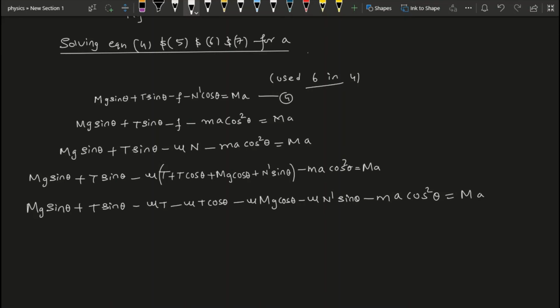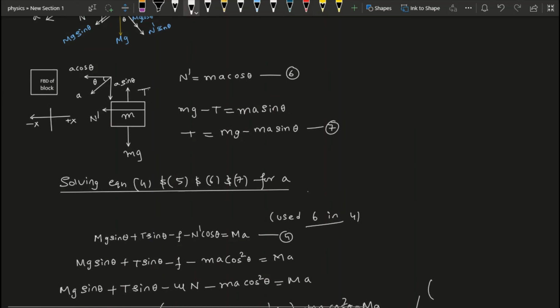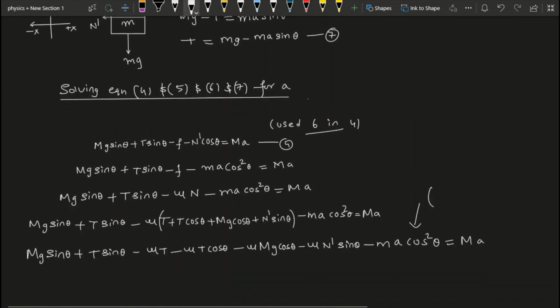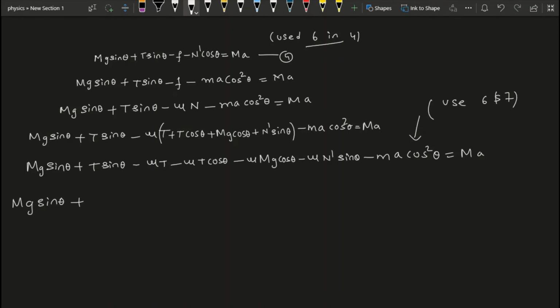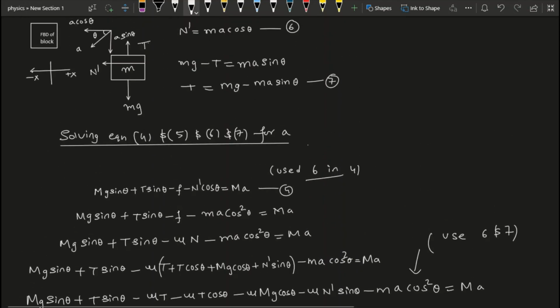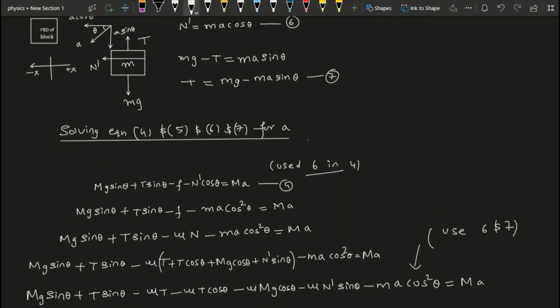So now I am using, again I am using equation 6 and equation 7. Use 6 and 7 on this equation. See what we will get if I use capital Mg sin theta plus, in the place of tension I have to use this. So what is this? Mg minus ma sin theta.